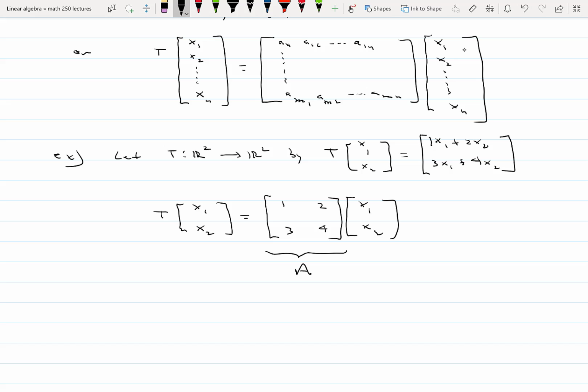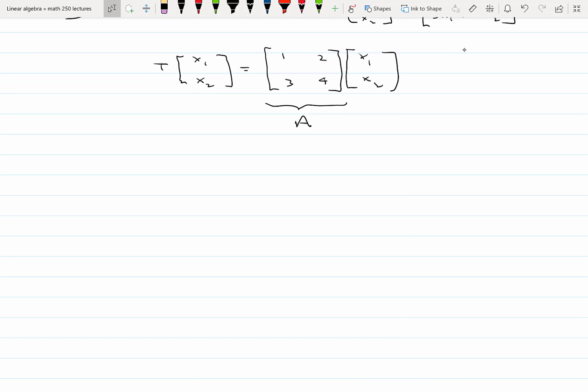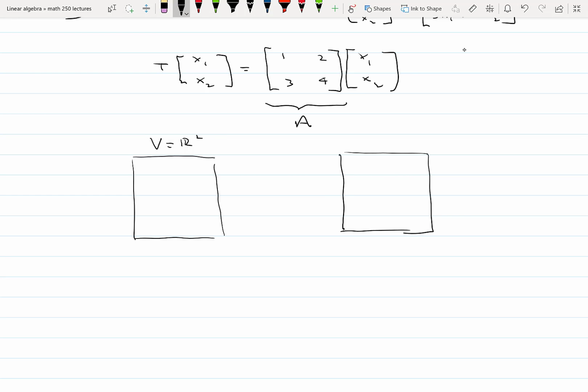We would like a more systematic way of doing this than just essentially factoring out the matrix. Let's say we're viewing this matrix as a transformation from V equals R2 into W, in this case still R2.